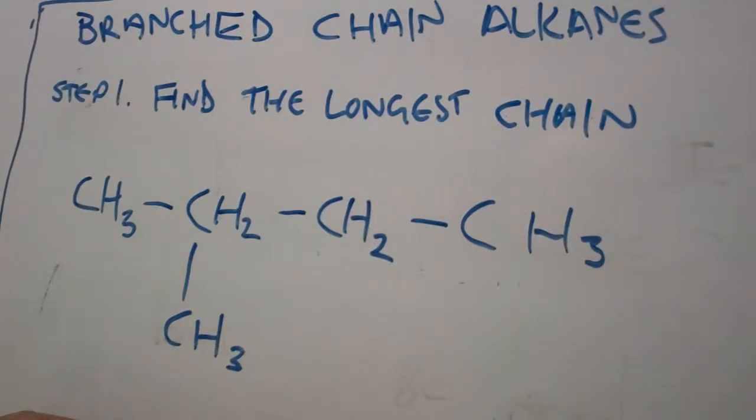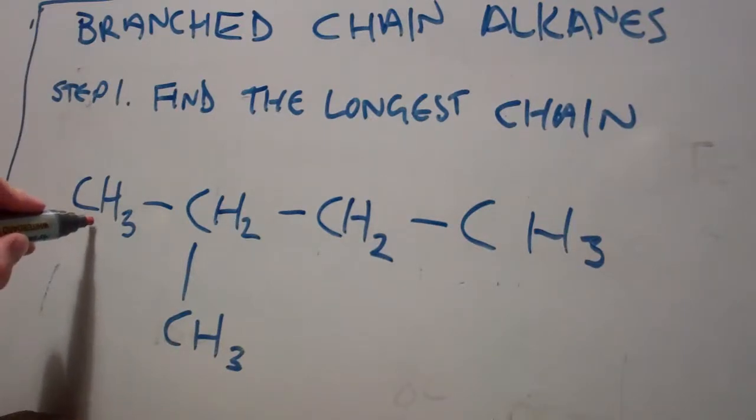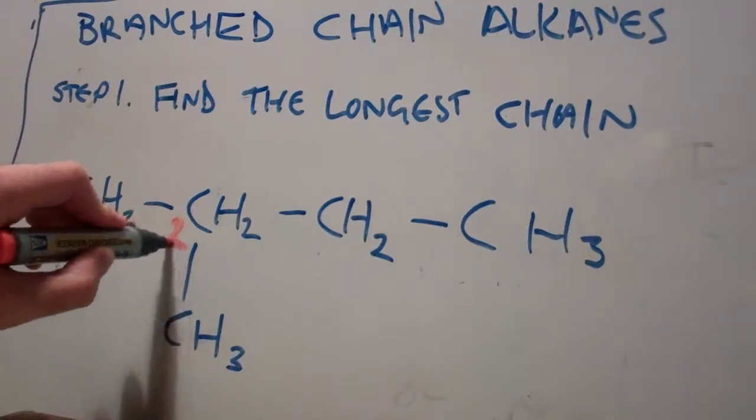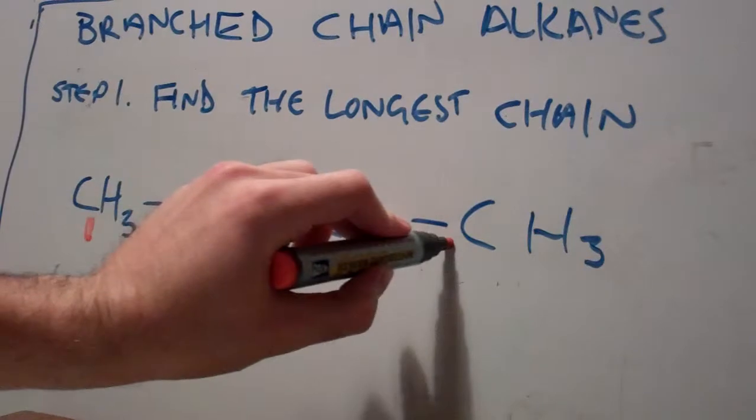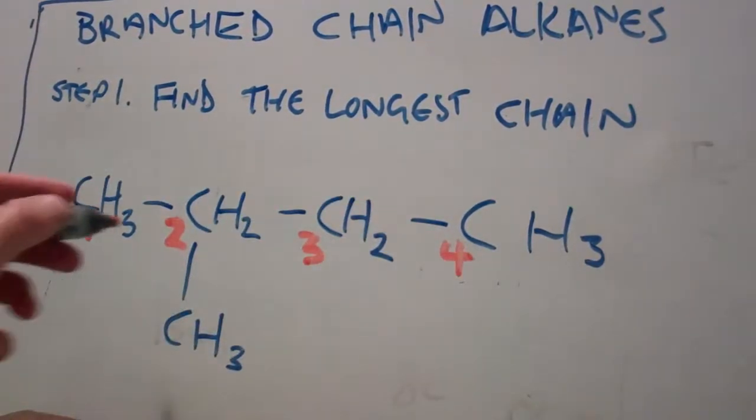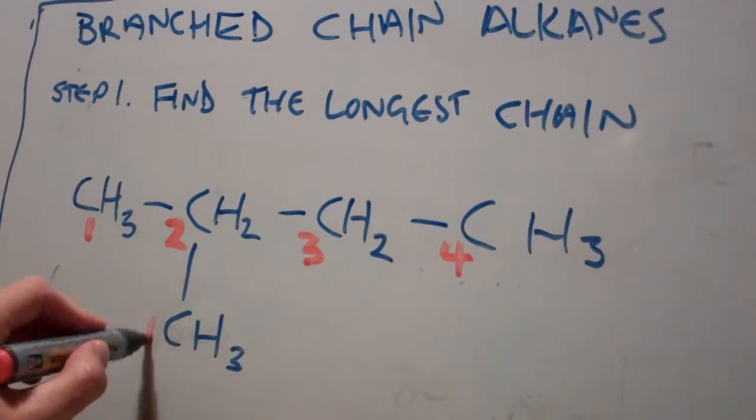Now, in this molecule, there are 2 chains that are the longest because there are 2 chains made up of 4 carbons. There's one if you start here and you go 1, 2, 3, 4. There's also one if you start here, because this can become 1.